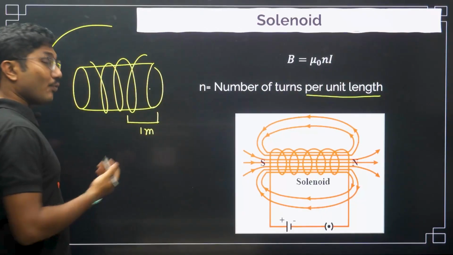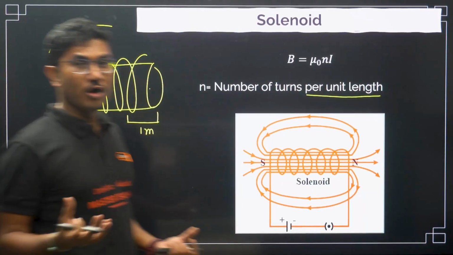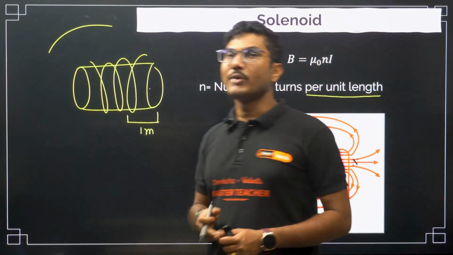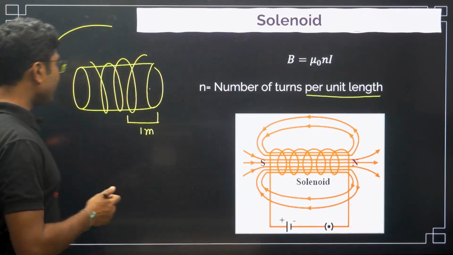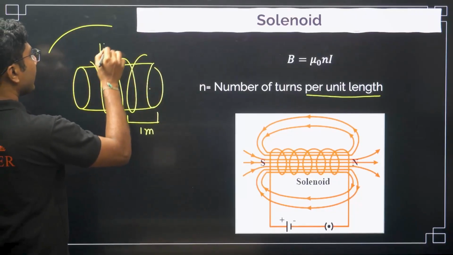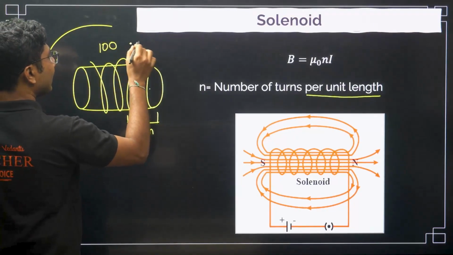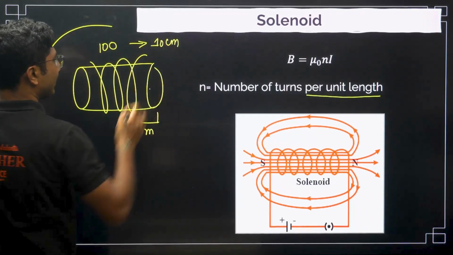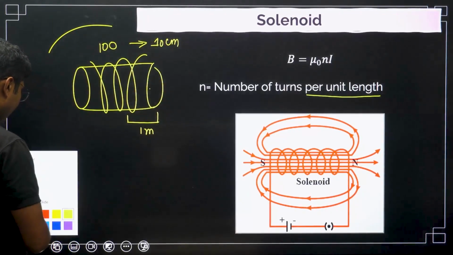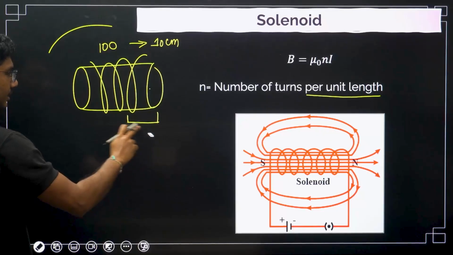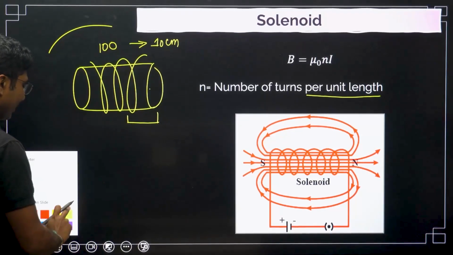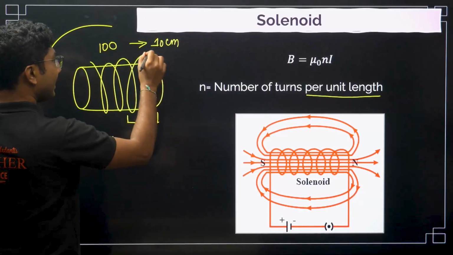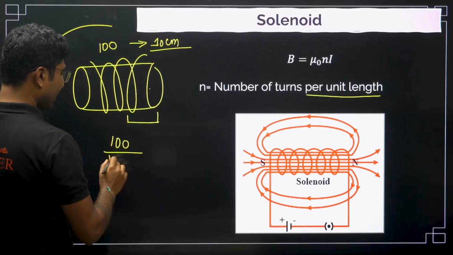Now what if the solenoid is small and the total length is not even 1 meter? Then what do you have to do? The best way is this: suppose you have 100 turns and the length is, say, 1 centimeter only, or say 10 centimeters. Then how can you calculate the number of turns per unit length? The easiest way is to take the total number of turns and divide by the length.